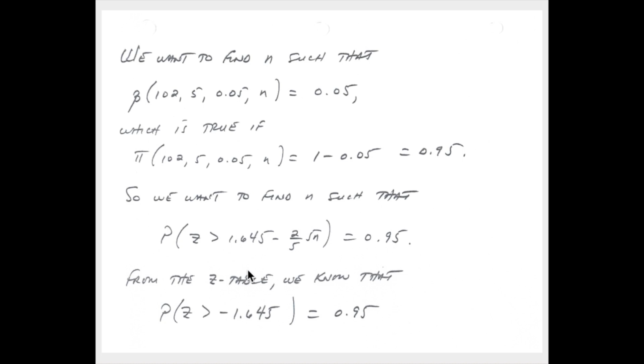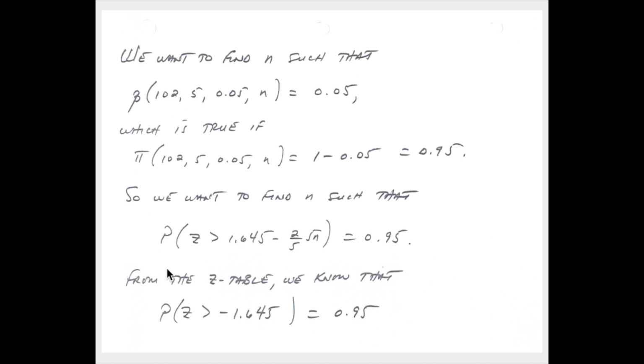0.95. All right, now the power function, the probability for the power function, is the probability that the standard normal random variable z is greater than 1.645 minus 2/5 times the square root of the sample size. And we want to find n such that that probability is 0.95.